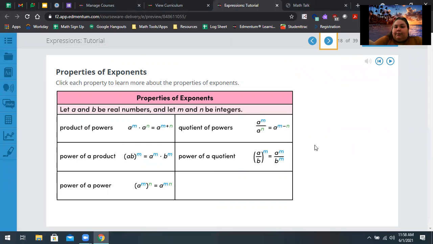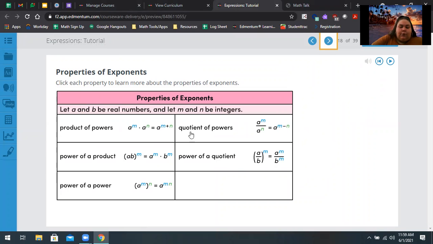I'm going to give you the example, but also with numbers, because I know when we're looking at this with letters, sometimes it's a little bit confusing and not everyone's a fan of it, and I completely understand. So product of powers is the first one we're going to look at. You can write out the formula, and then also write the example that I'm going to provide.